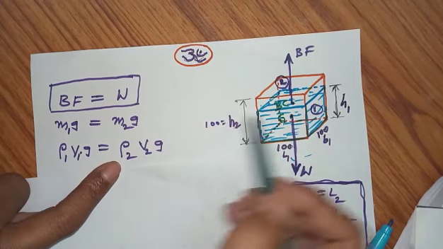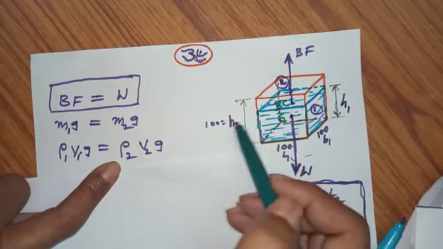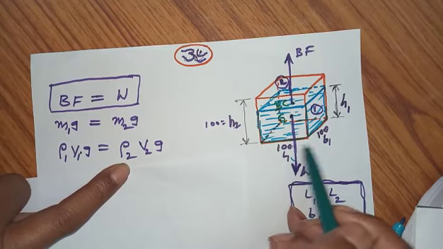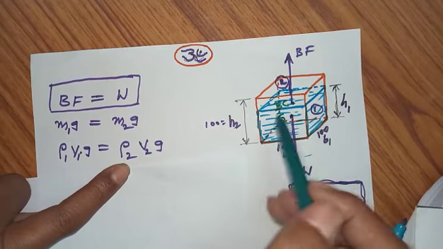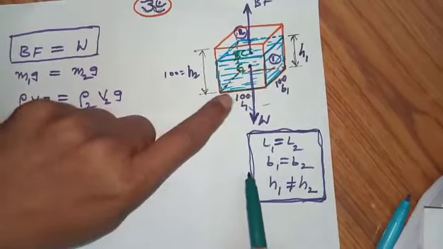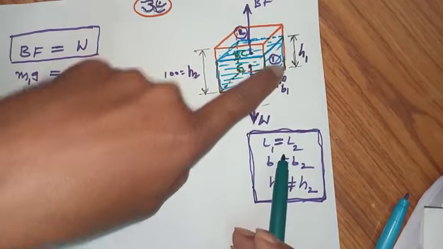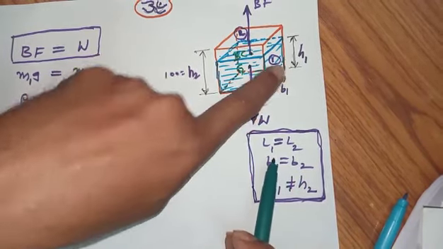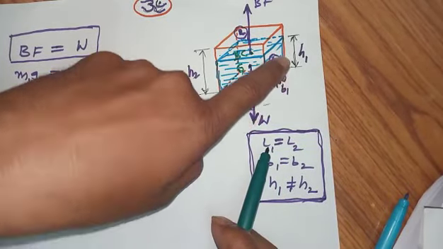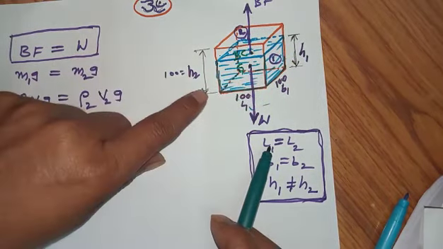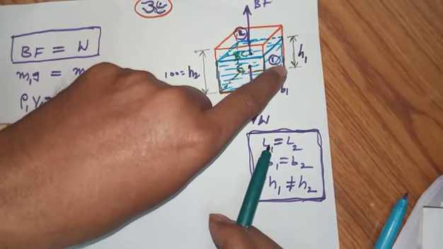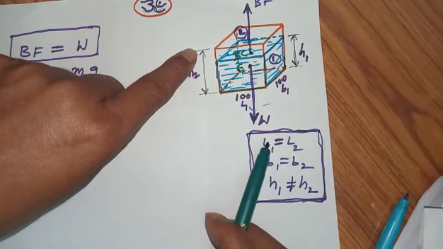What is density 2? That is the solid body density, 800 kg per meter cube, into volume V2, that is L2, B2, H2, into G. So you know that the liquid has length L1, breadth B1 and height, or depth, H1. The solid has length L2, breadth B2 and height H2.